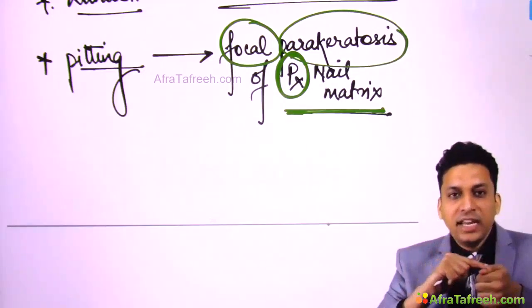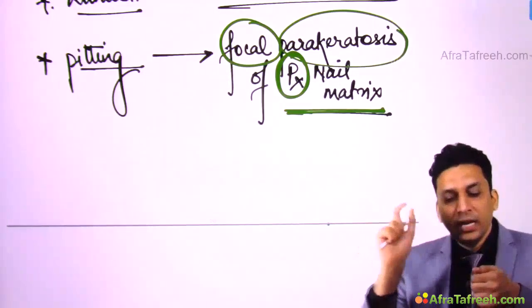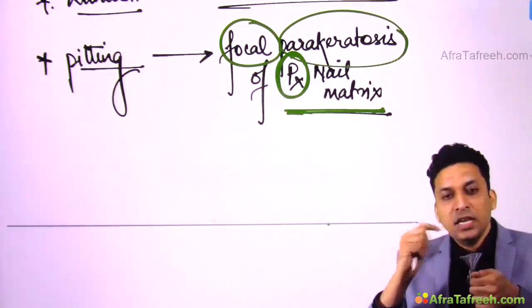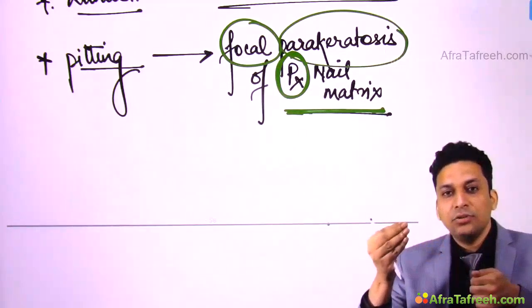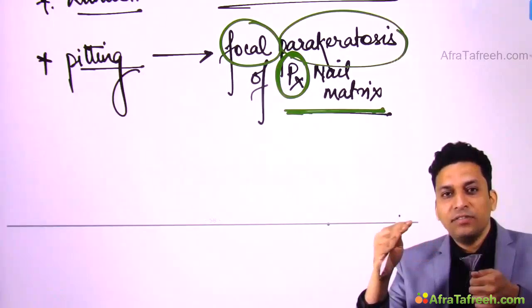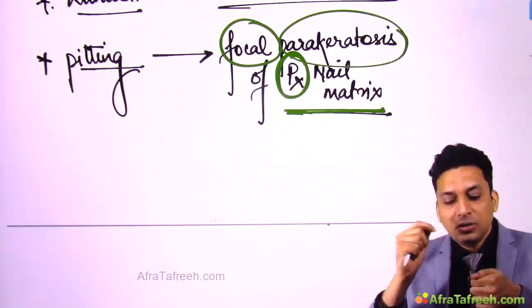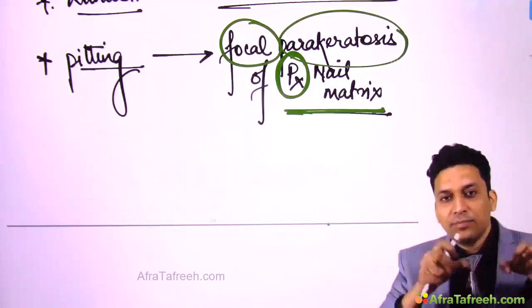There the mitotic activity is still present because nucleus is present. So mitosis occurs, and due to mitosis these cells divide, proliferate, and slough off. And when they slough off, what do they leave behind? A small depression.